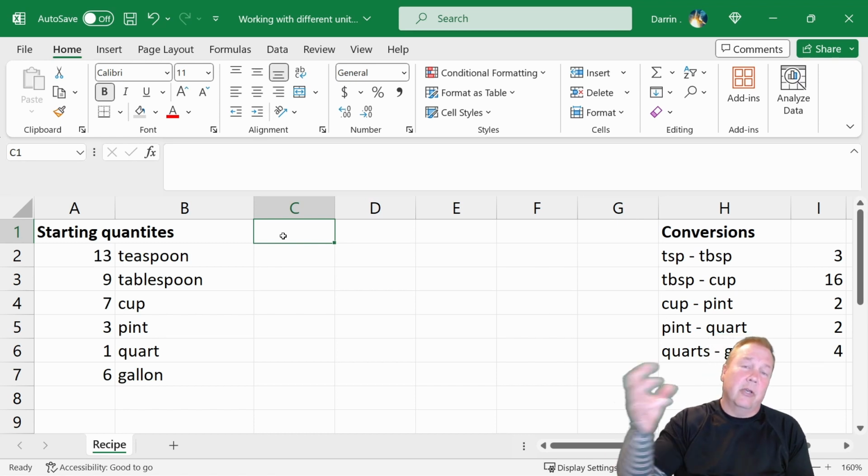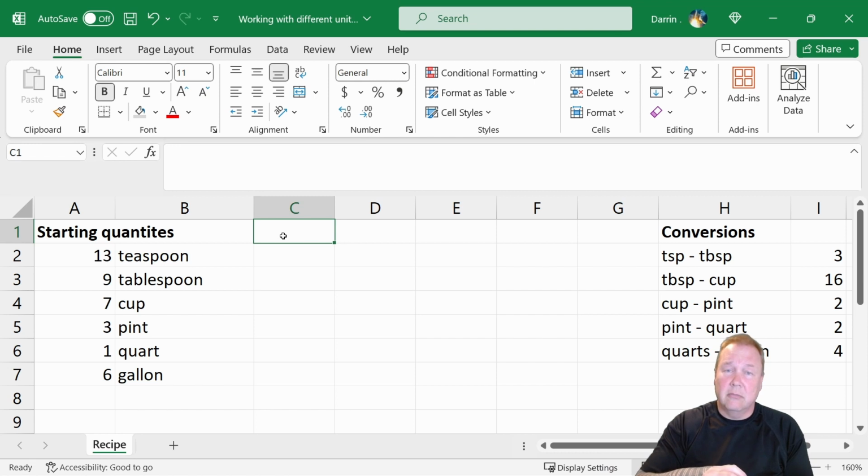We could convert everything to gallons if we wanted to, and then we'd have everything in decimals. I don't like thinking in decimals. I can do it, I can think in fractions, whatever. So we're going to convert everything to the smallest unit, which in this case is teaspoons. If you're working with distances, that might be inches or feet or meters or whatever.